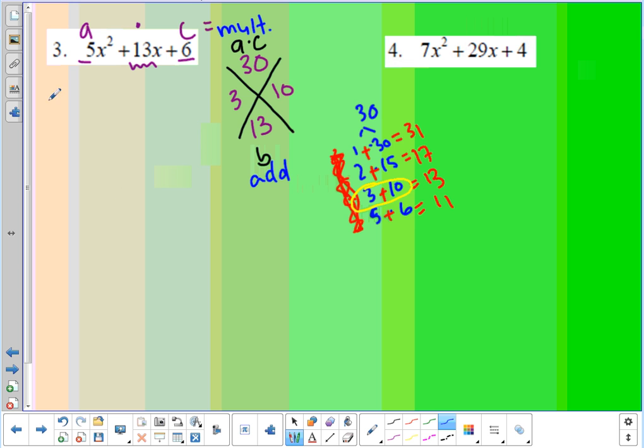Okay, so now that I know what my factor X numbers are, this is what I split my middle term into, 3 times 10. So I'm going to literally get rid of the 13. I keep this, I keep that. So I rewrite it in the same order, 5x squared, but now I put 3x plus 10x in its spot.